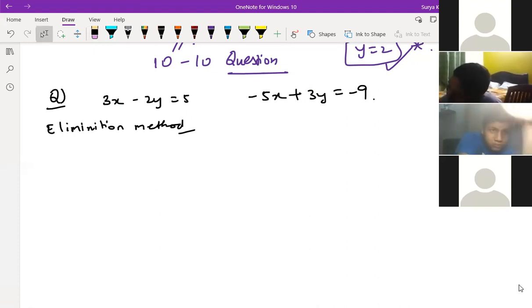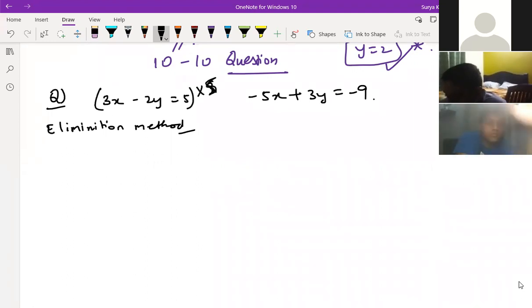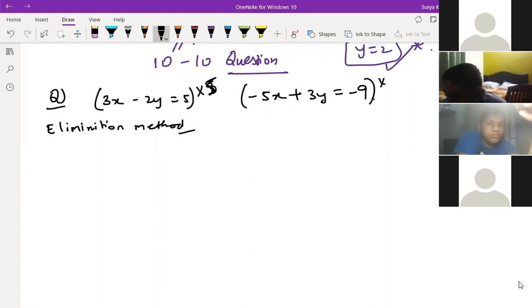If you multiply, sir, we can multiply by 3. Which equation? First one. So the first equation we could multiply by 5, the second by 3. Yes, sir.